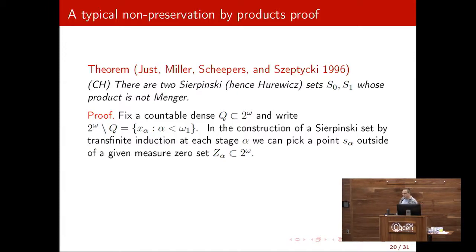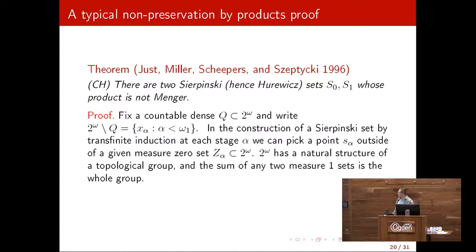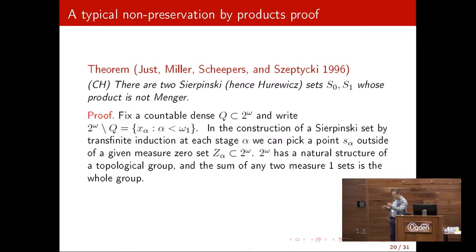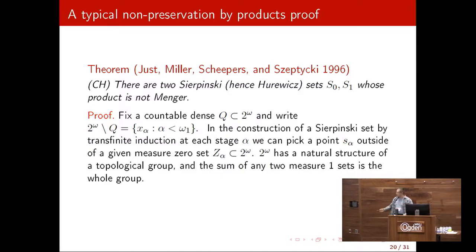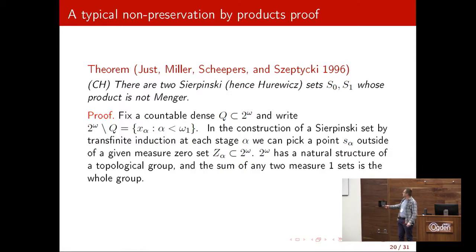Now, what you do at stage alpha is make sure that the points that you add to one of your Sierpinski sets and to the other, their sum, there is of course a natural structure of topological group on the Cantor set, can never be an element of this countable dense set. Another thing that you have to take care of is that eventually, if you take all their mutual sums, you pick all the points from X alpha.